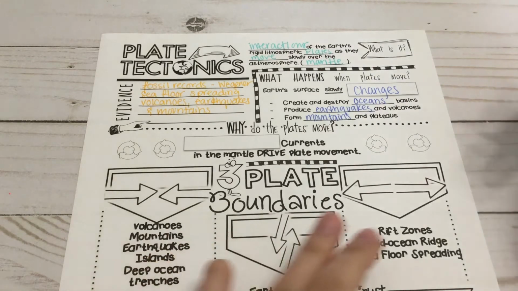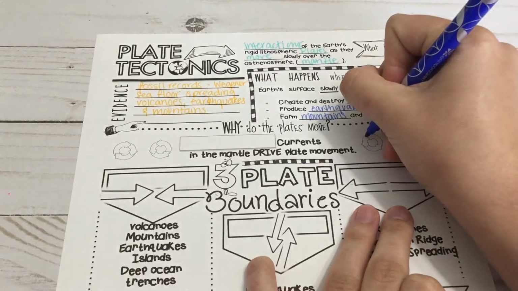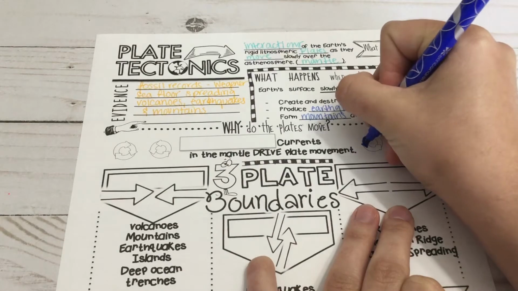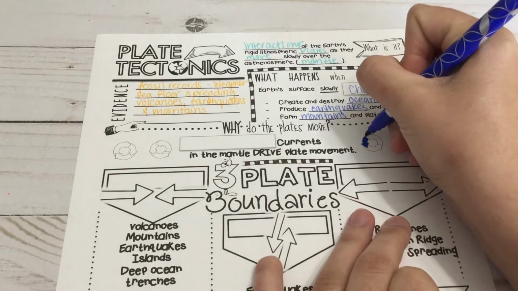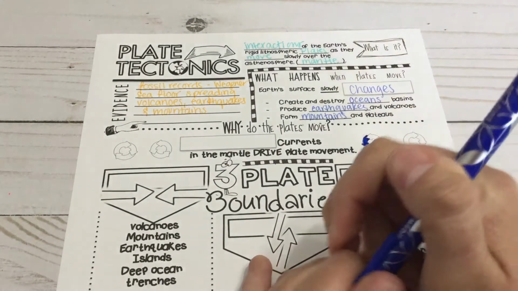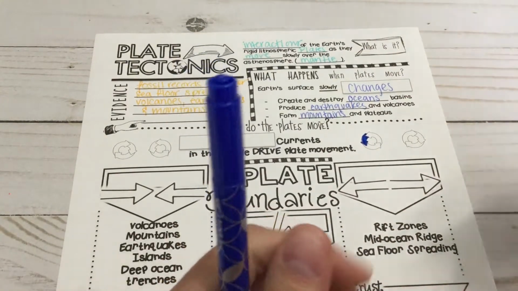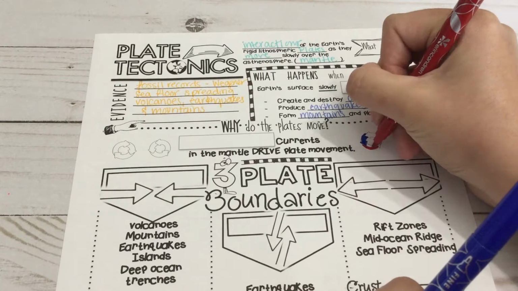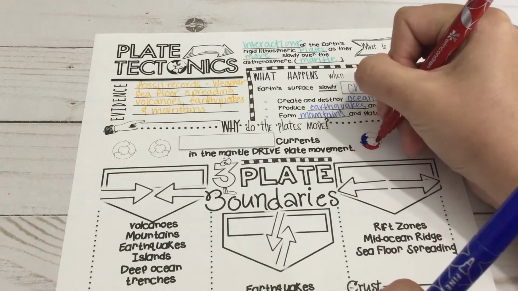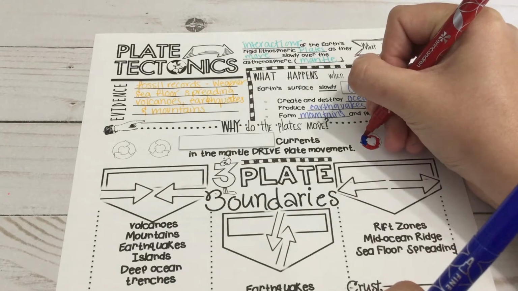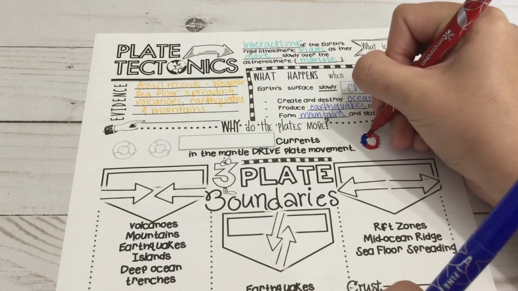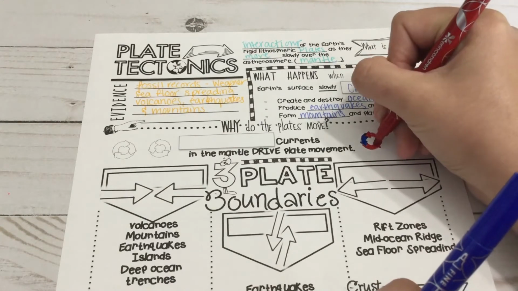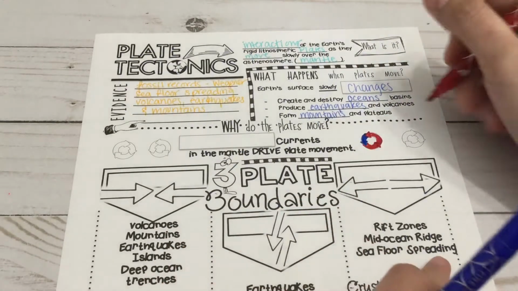So if you remember, cold has a thicker or bigger density than something that is warm. So if something is warm, it is rising, and if something is cold, it generally falls.